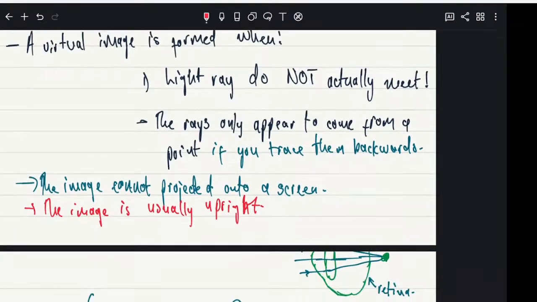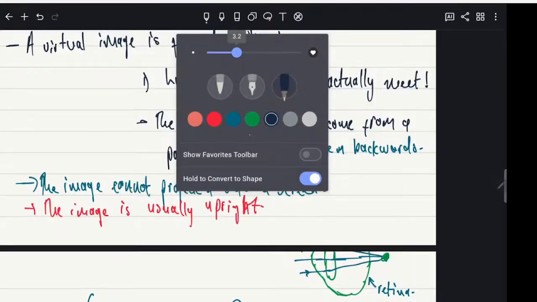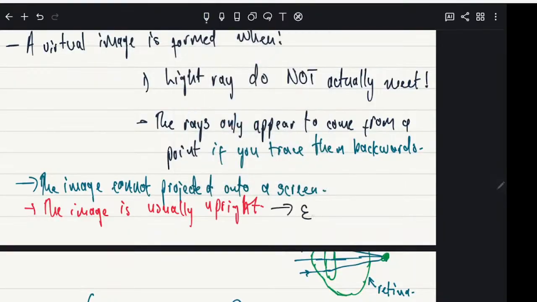Example of a virtual image is a mirror image. Can I ask you a question? Is there actually someone in the mirror there? There is no one, right? So it's creating something, right?